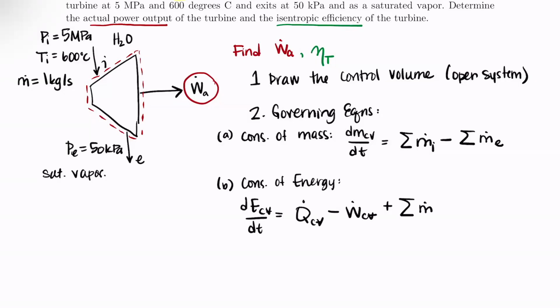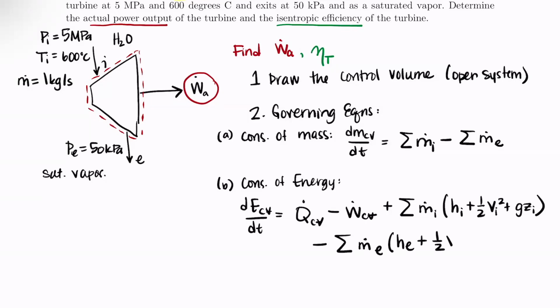So we have m dot in times the quantity of enthalpy coming in plus the kinetic energy coming in and the potential energy coming in. And then minus the energy flowing out. So all those same terms, but just for the exit. So we have enthalpy coming out, kinetic energy going out, and then potential energy going out.